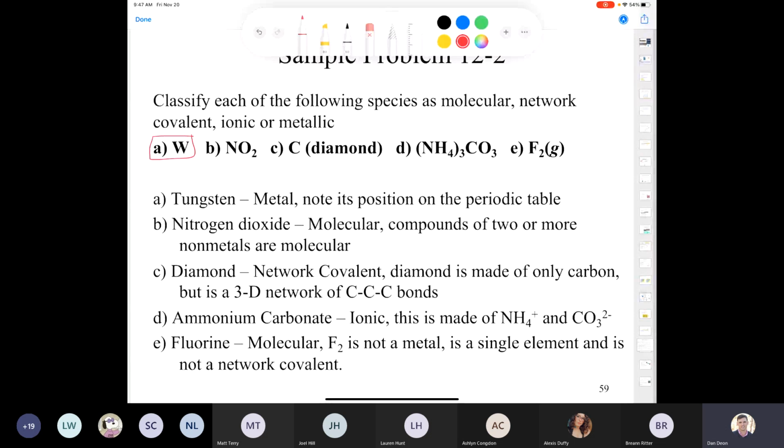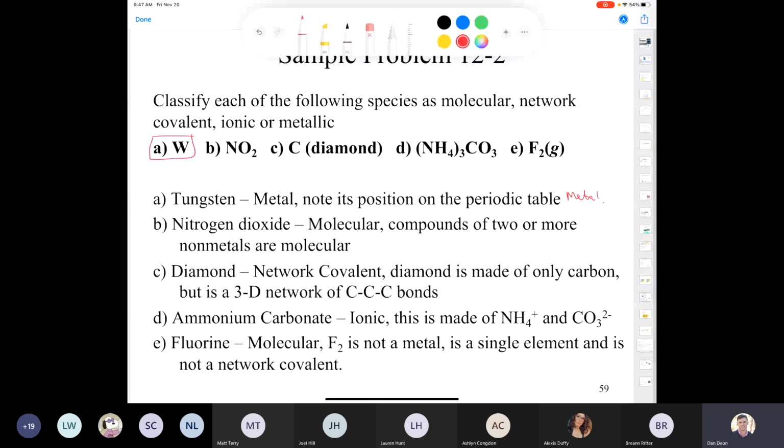Anyhow, tungsten is just a metal that you find on the periodic table. It's a transition metal. It says note its position on the periodic table, so it's element number 74, a transition metal. So that tells us that it's going to be held together by metallic bonds. So tungsten is a metal.